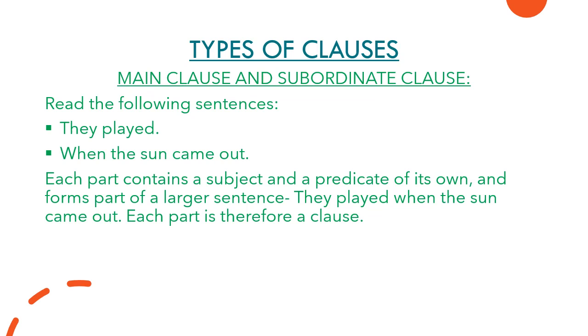So now see what they are saying here, that each part contains a subject and a predicate of its own. They played. So they is a subject. What are they doing? They are playing. So played is a predicate. So that's what is said here, that each part contains a subject and a predicate of its own and forms part of a larger sentence.